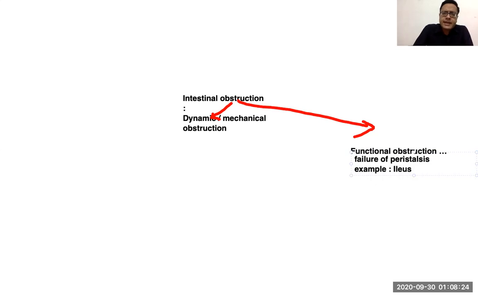Now, if I look at the dynamic or mechanical obstruction, there are three subtypes. One is intraluminal mechanical obstruction, another is intramural, another is extramural. That idea is also very simple.